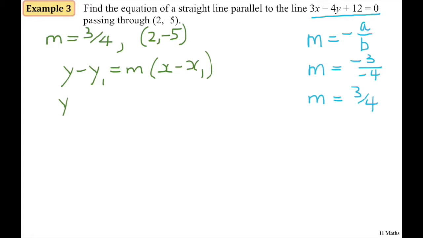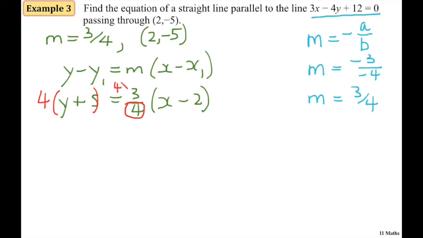Becomes y minus -5, which is y plus 5, equals 3/4 times (x - 2). Now the trick here is to get rid of that fraction as quickly as possible, and to do that we multiply both sides by 4 and they'll cancel.